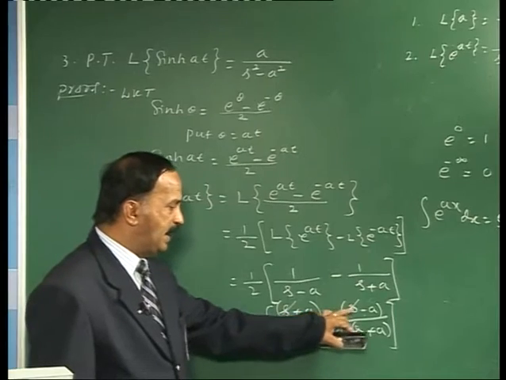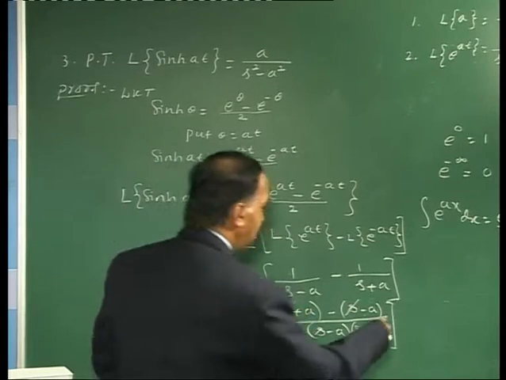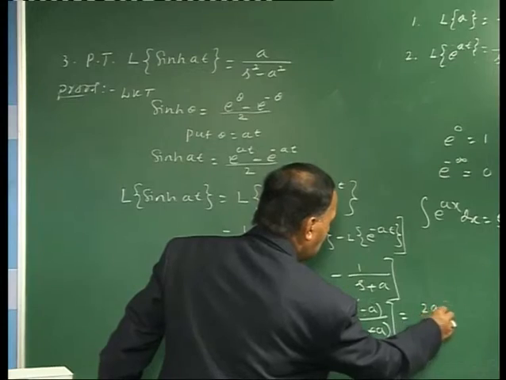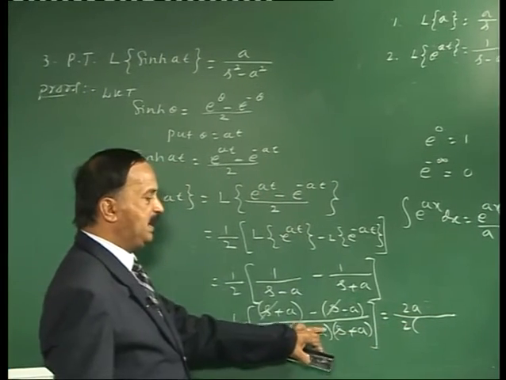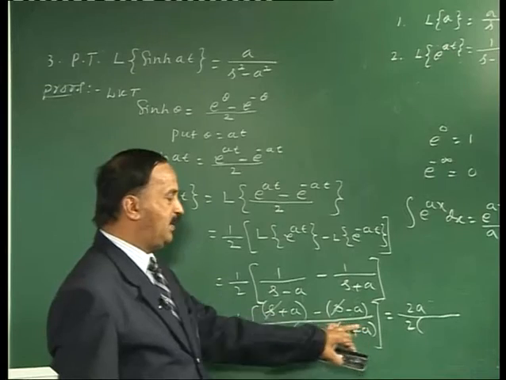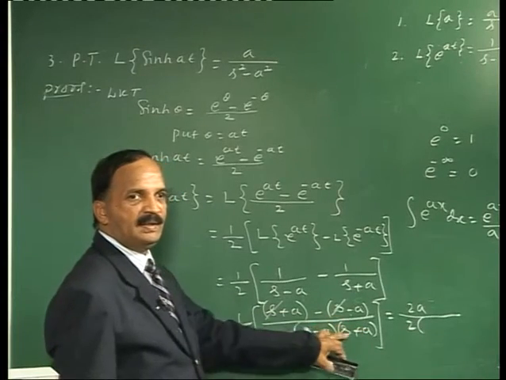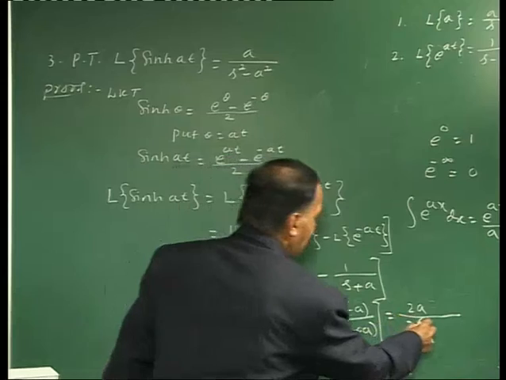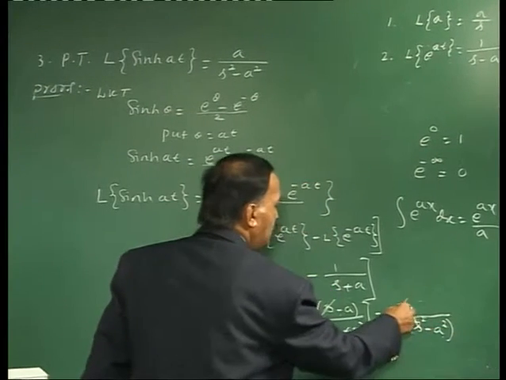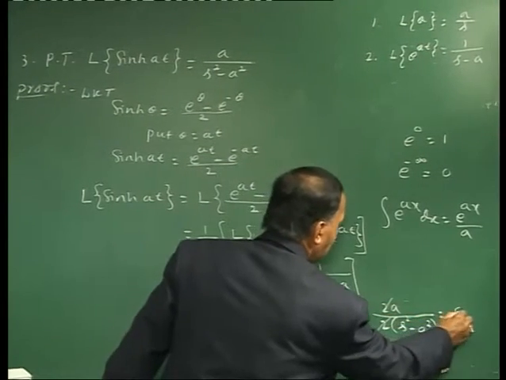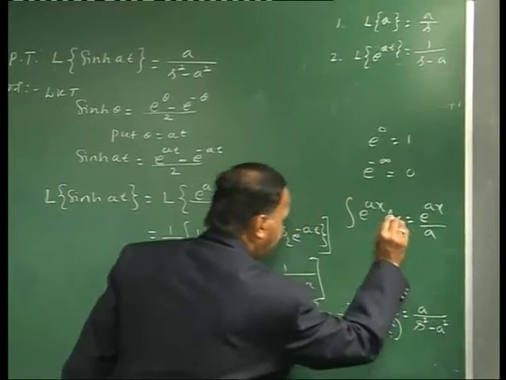This becomes plus a plus a, 2a, so this is 2a divided by 2 into a minus b into a plus b, using that formula here. a minus b into a plus b is a square minus b square. That means s square minus a square. 2 cancelled, that is equal to a by s square minus a square.